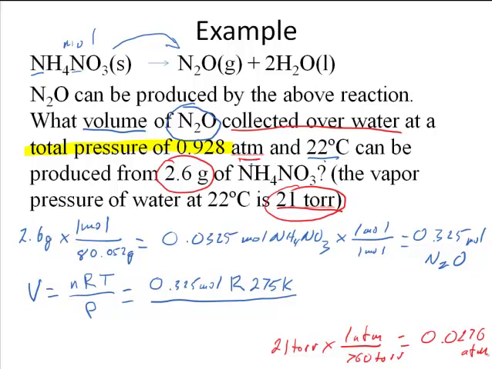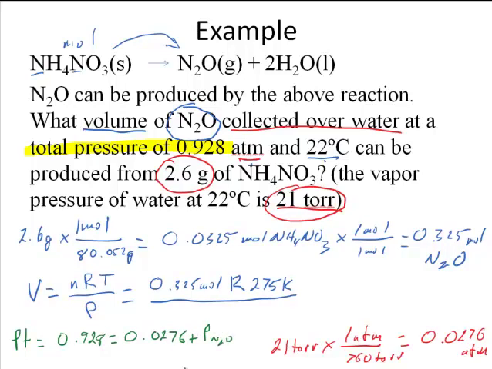Well, I'm running out of room here, so I'm going to get another color to try to keep track of things. I know that the P total, which happens to equal 0.928, equals the partial pressure of one gas, which in this case is 0.0276, plus the partial pressure of, in this case, N2O.